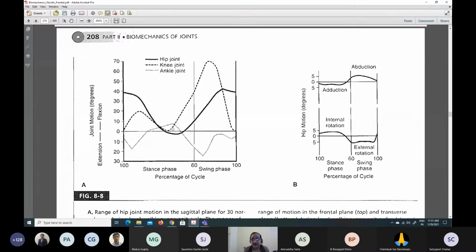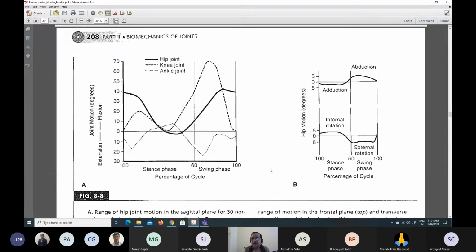In the case of the knee joint, you can see the flexion is even higher, but the nature of the flexion angle differs from the hip joint at the initial stance phase. For the ankle joint, it is also a different trend when we are executing a normal walking cycle.